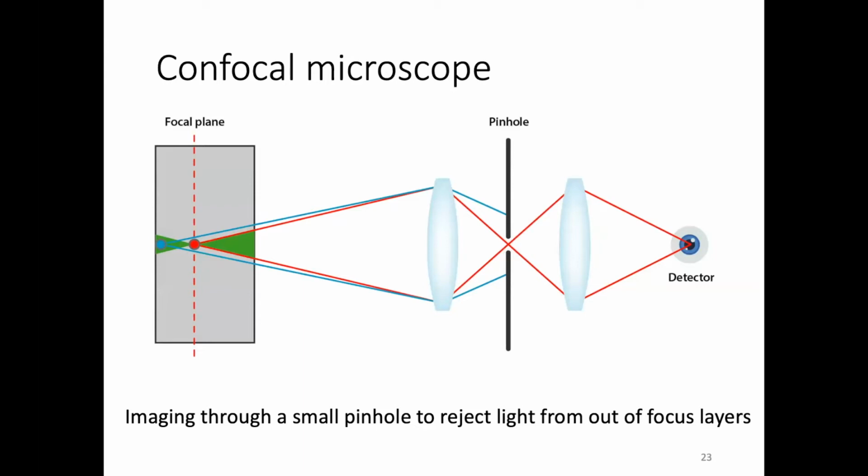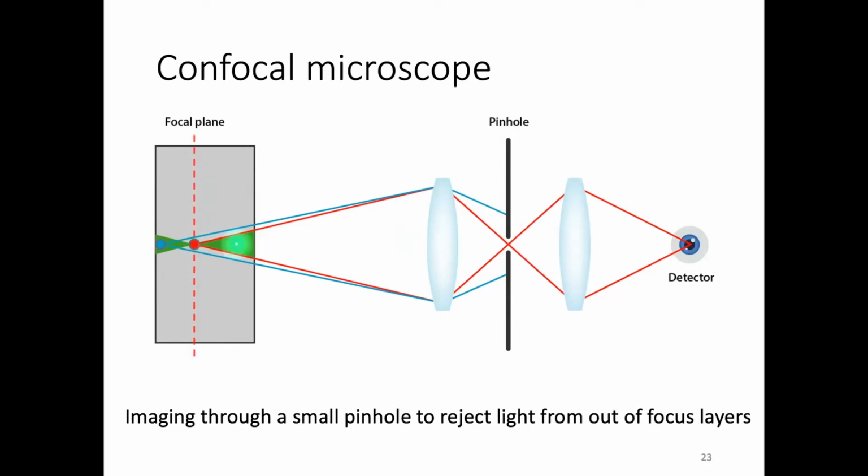So in the last 20 years, a little bit more, some improvements have been made, and the main breakthrough at that time was confocal microscopy. So what do you do in confocal microscopy is you introduce this dual lens system, but also the most important thing is the pinhole. So what does this pinhole do? If you look at this, this is my sample, this is the focal plane, right?